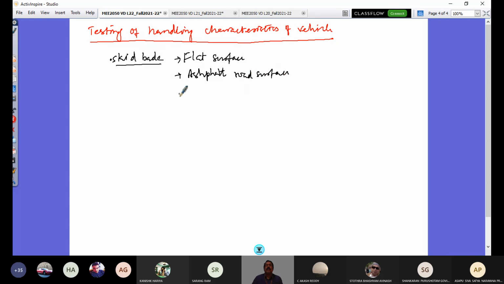It's a smooth surface and it's a paved road. So you can go to your test track and see, a smooth, flat surface is what is called a skid pad. So on that, these tests are conducted. What are those tests? One is called the constant radius test.